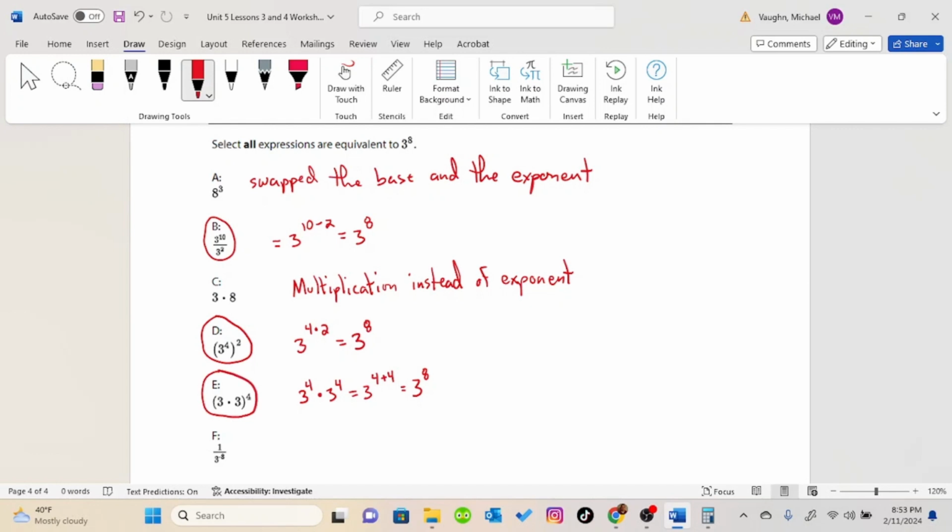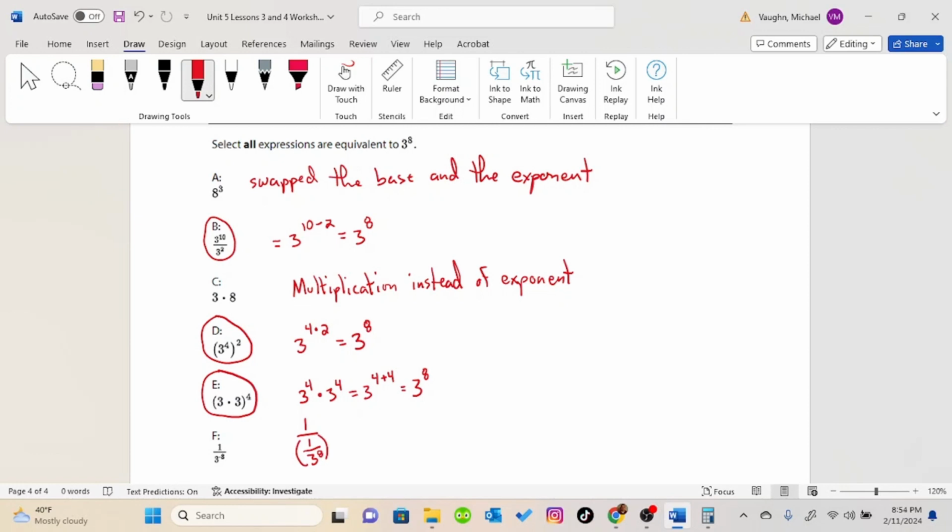And our last example, F, is 1 over 3 to the negative 8. Well, a negative exponent symbolizes 1 over, or the inverse. So this becomes 1 over 3 to the 8th.